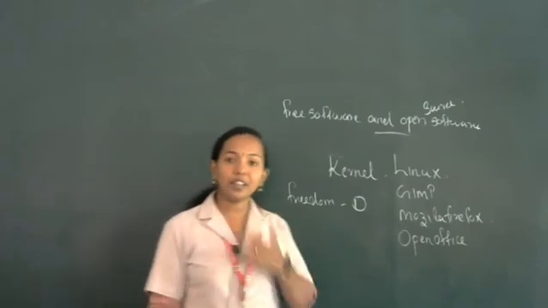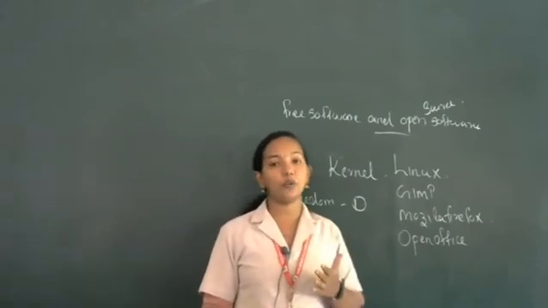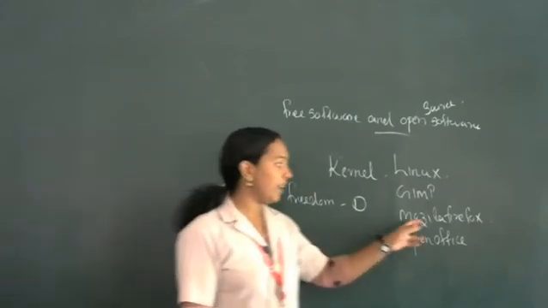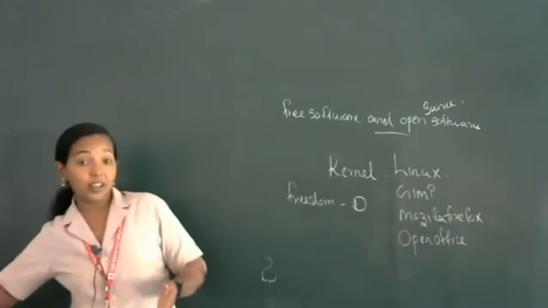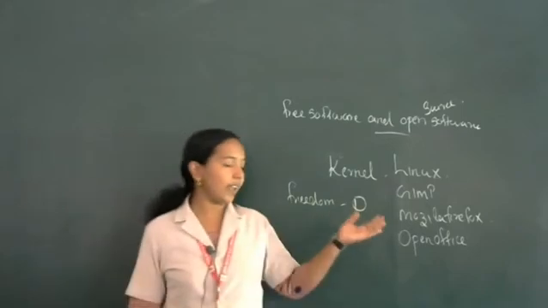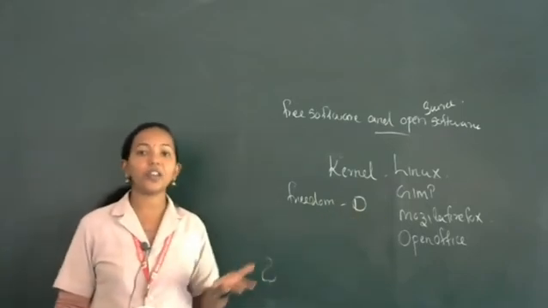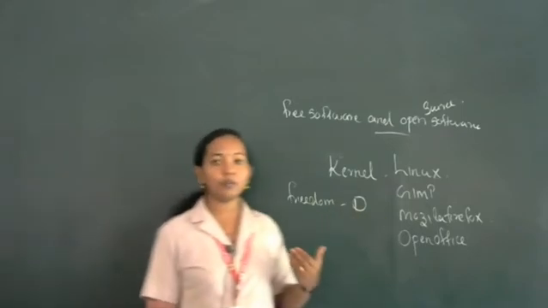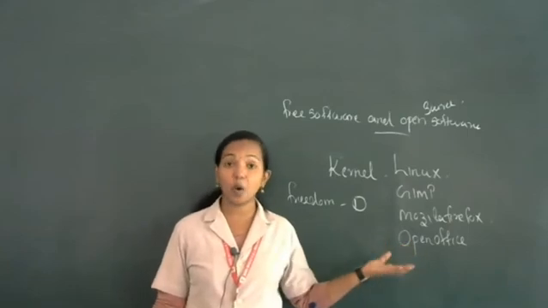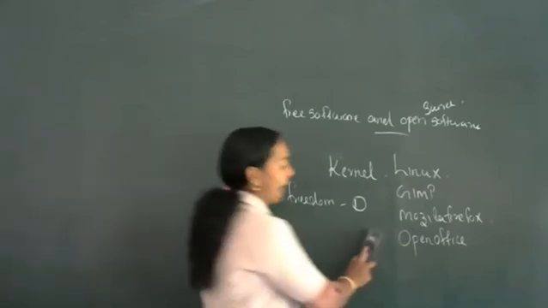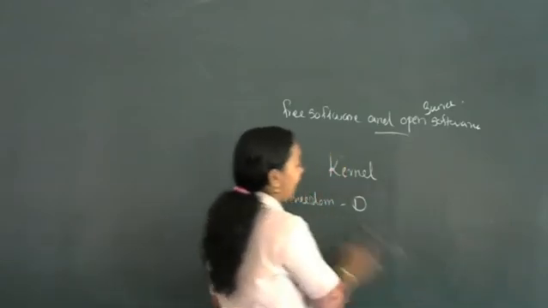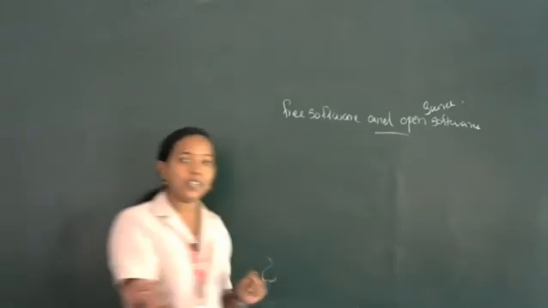Day by day, modifications are coming. Then Mozilla Firefox. When you open Google, you will get a prompt to download Chrome free. We can easily download Mozilla Firefox because it is open source software. The last one is OpenOffice, a package like MS Office.